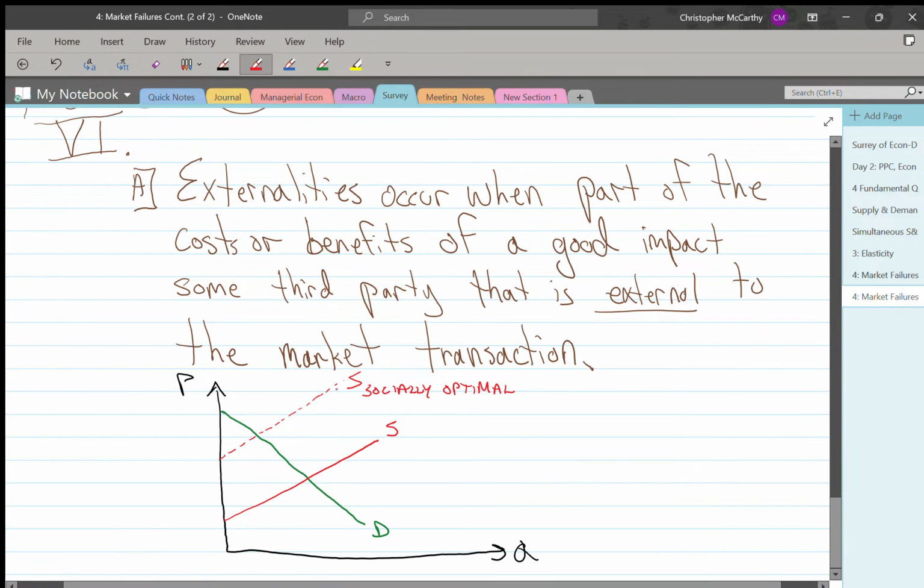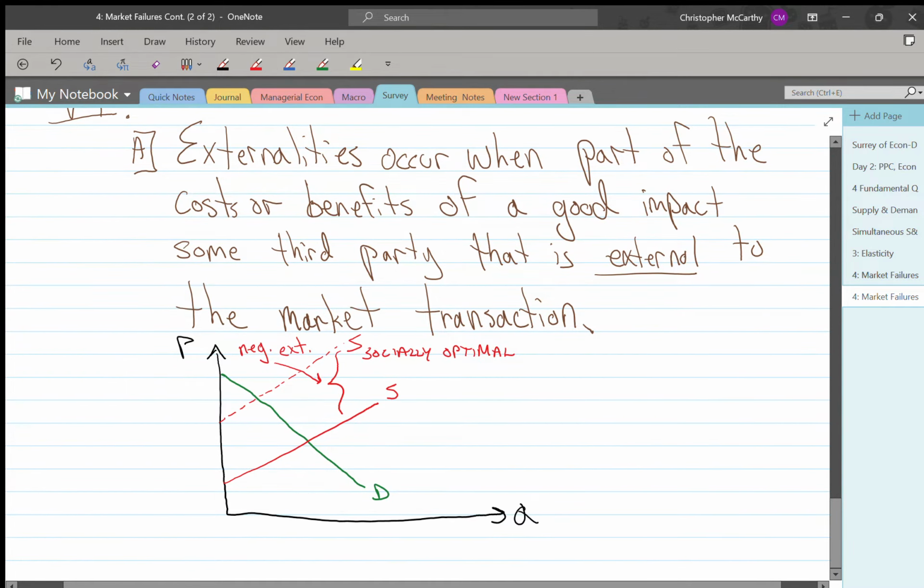This distance between these two is the negative externality. Our market equilibrium gives us an allocation where there's a price right here and a quantity right here, but the socially optimal amount is actually up here. So the Q optimal, the price optimal.